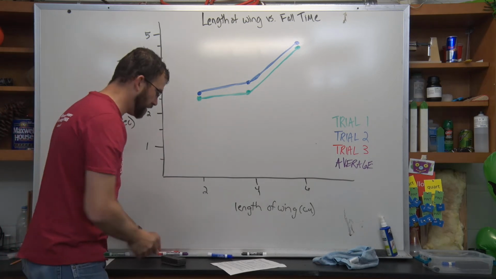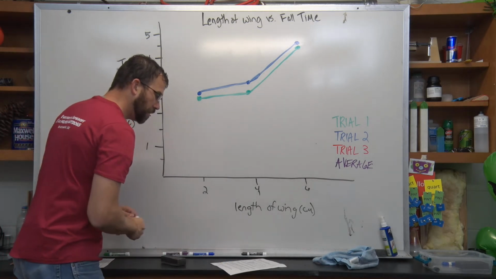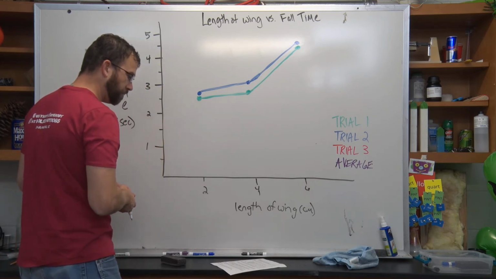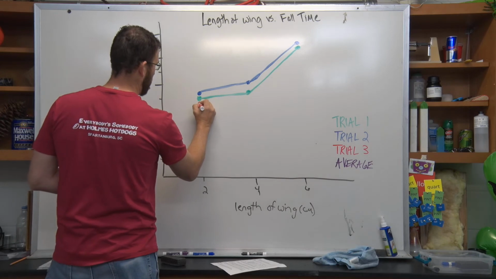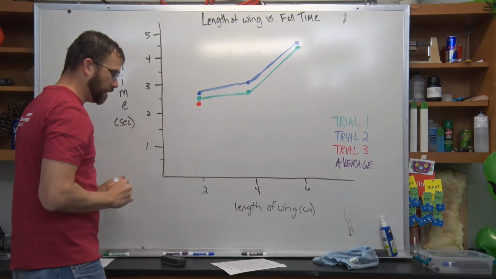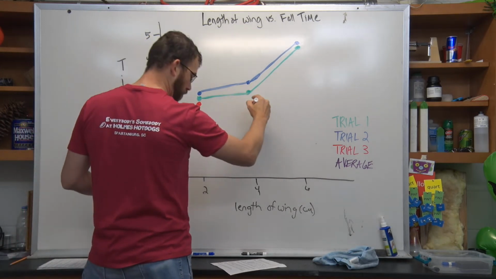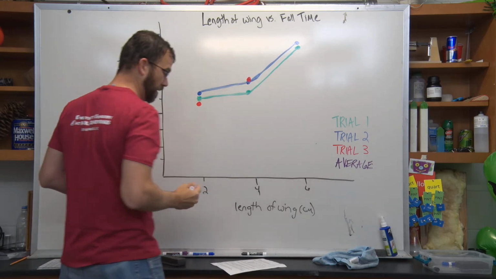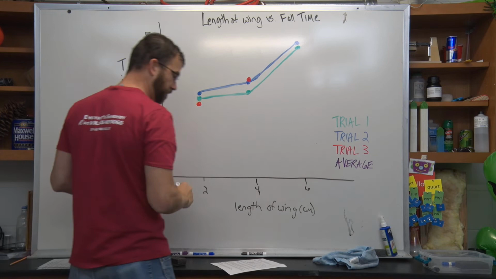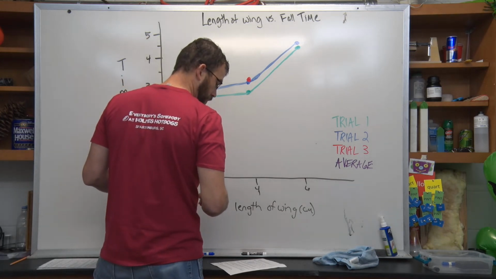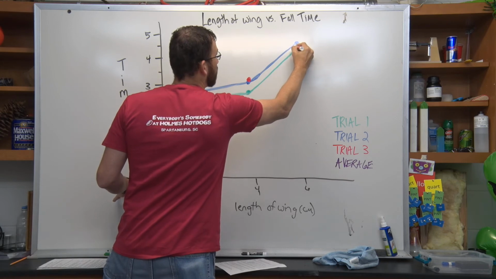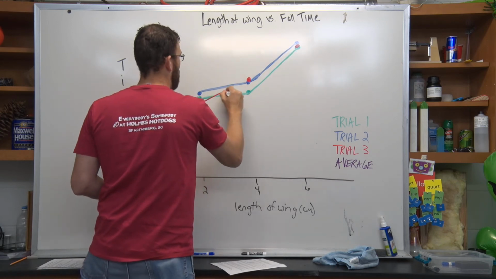Trial number 3 is in red, so that's 2.49. That's going to be about right here. Then 3.14, somewhere right through here. We got some overlapping going on. 4.19, so about right there.